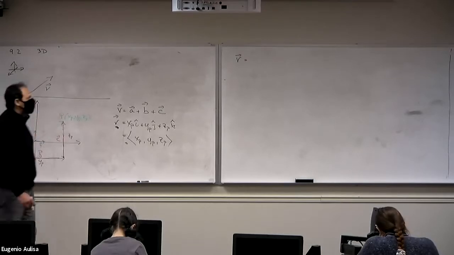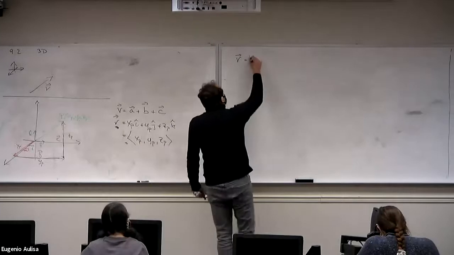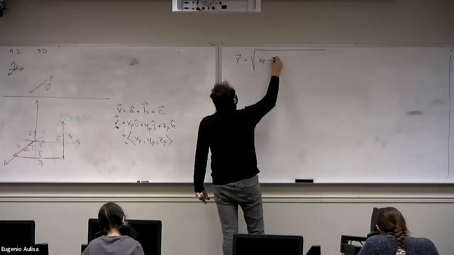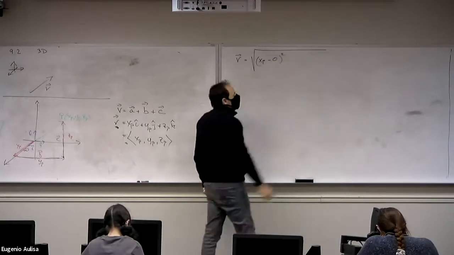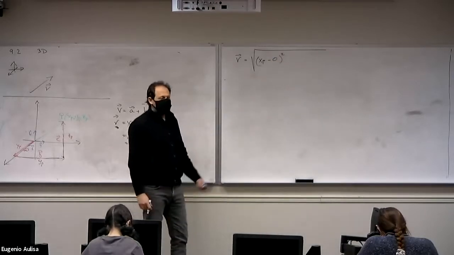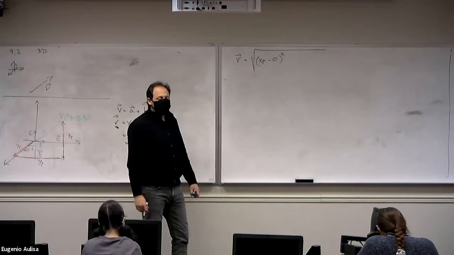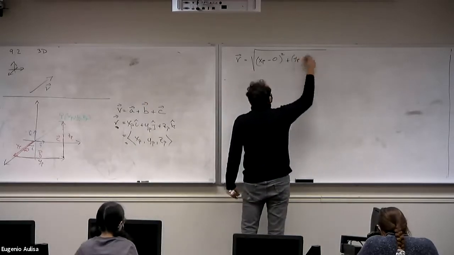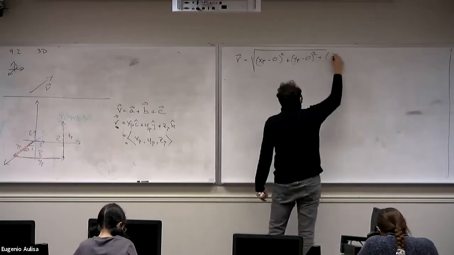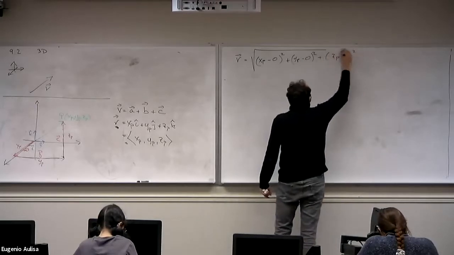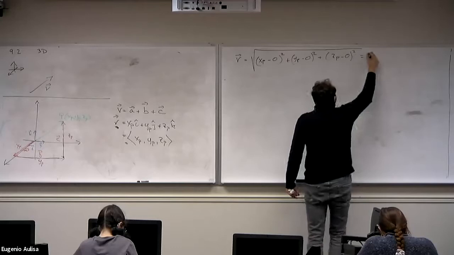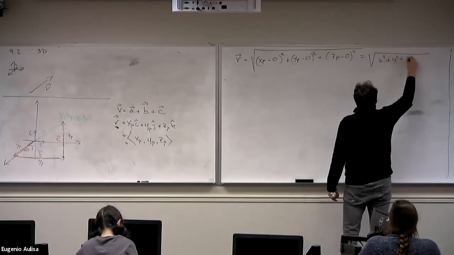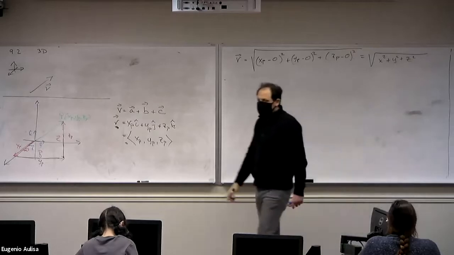So the distance formula is going to be the square root of (xp minus 0) squared, because the origin has coordinates 0, 0, 0, plus (yp minus 0) squared plus (zp minus 0) squared. So it's the square root of x squared plus y squared plus z squared.